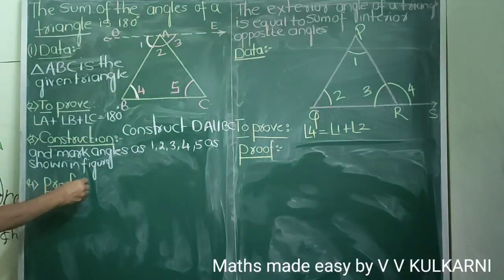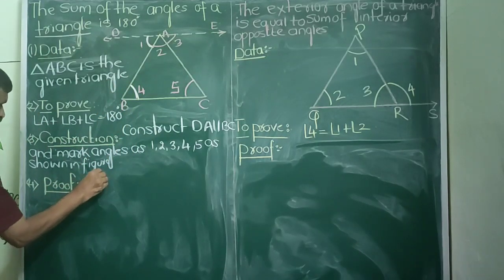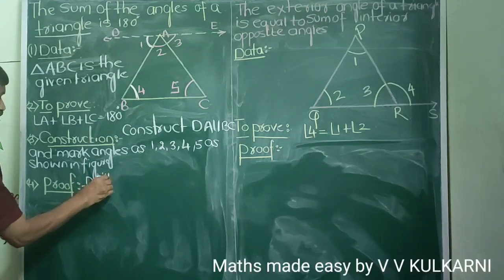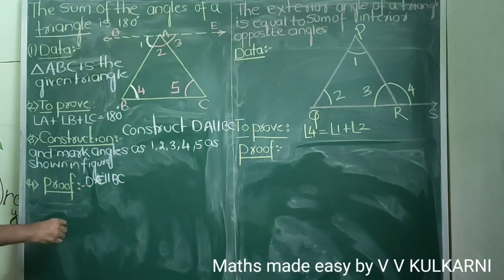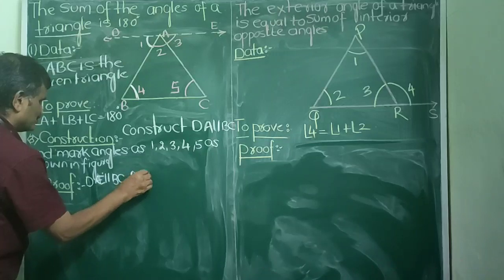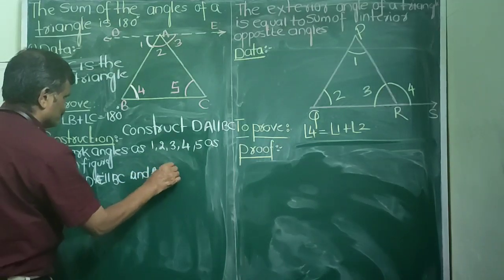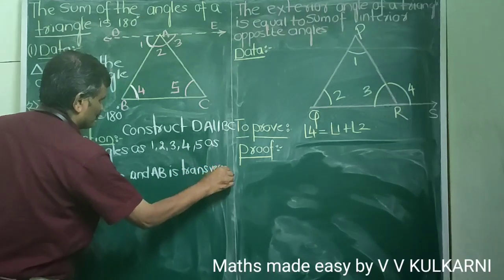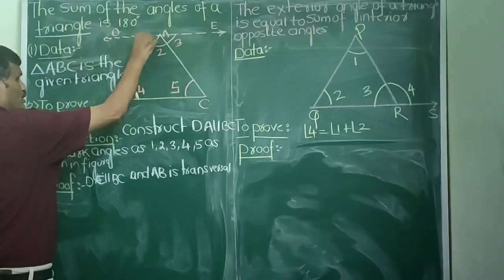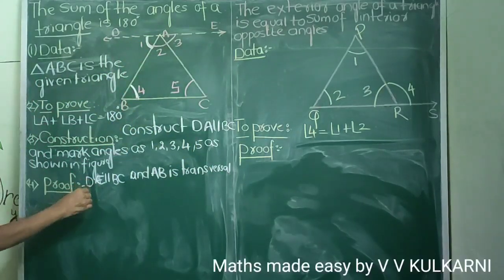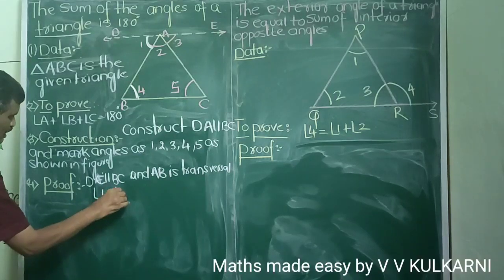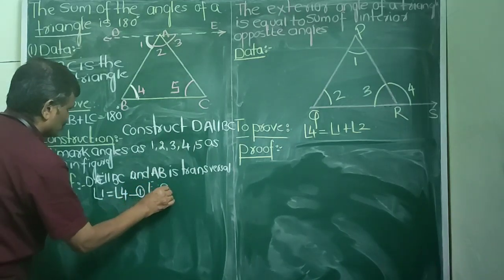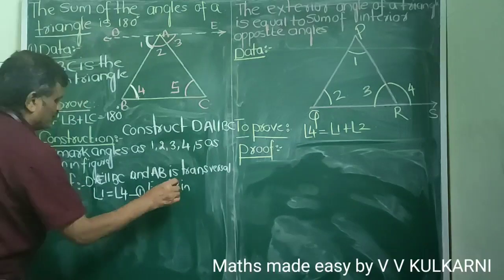In the proof I will write here: DE is parallel to BC and AB is the transversal. So angle 1 will be equal to angle 4. I write here angle 1 equals angle 4. I will call it the first equation, and the reason is alternate interior angles.